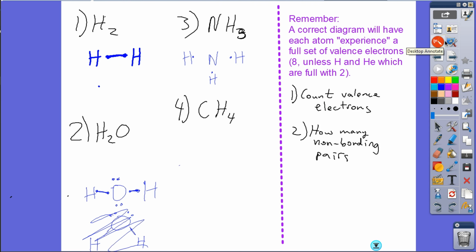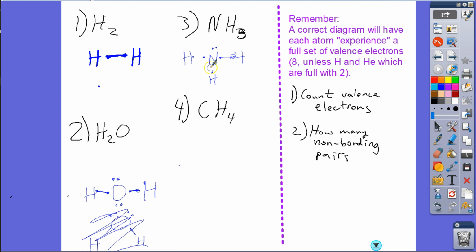And if you don't remember how many non-bonding pairs it has, just use that trick where you draw one on the top, one on the right, one on the bottom, one on the left. If you're not to the total you need yet, then you have to put a non-bonding pair in place. So 1, 2, 3, 4, I've got 5 now, so nitrogen has 1 non-bonding pair.